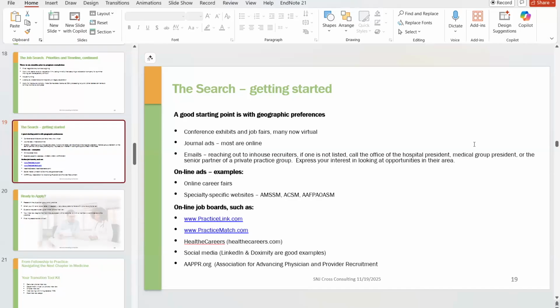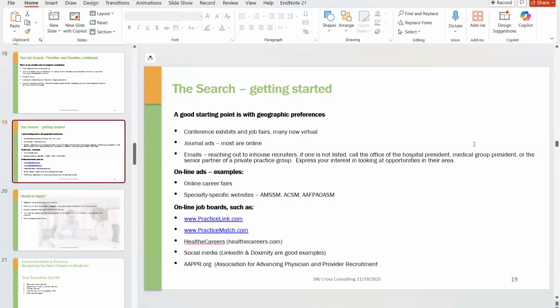But at this point, pretty much all physician recruiters are listed in the career page of your large hospitals or medical groups. So you'll be able to get their emails and sometimes even their phone numbers so that you can reach out and begin to explore if they have opportunities.